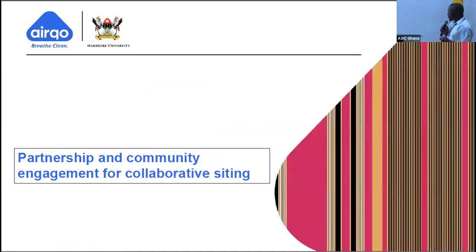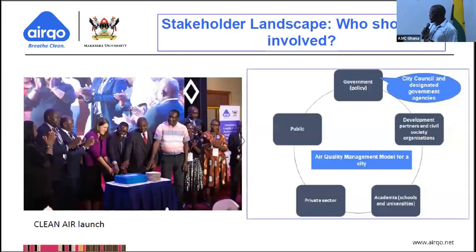All right, so the partnership and community engagement for collaborative siting. What do we think about the landscape? The landscape includes the government, maybe the city council, maybe the states, and then the development partners and civil society organizations, academia, universities, other researchers out there.